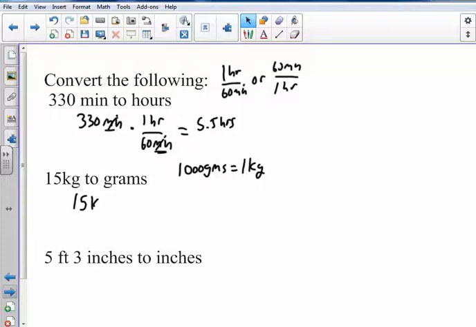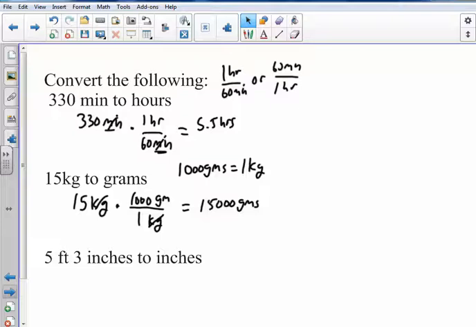That's the question you have to ask yourself. So I got 1 kilogram, so I'm actually going to do 1,000 grams over 1 kilogram. And you can see you have mumbo jumbo. The kilograms cancel out, and it's 15 times 1,000. So that's 15,000 grams is 15 kilograms.